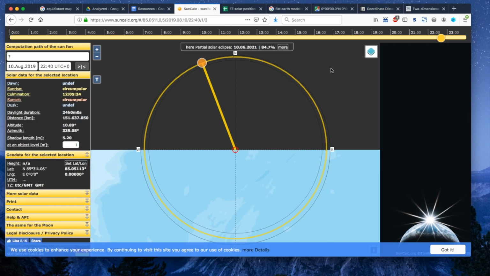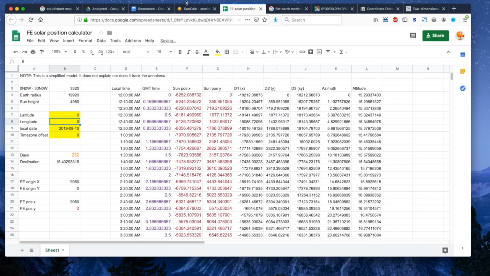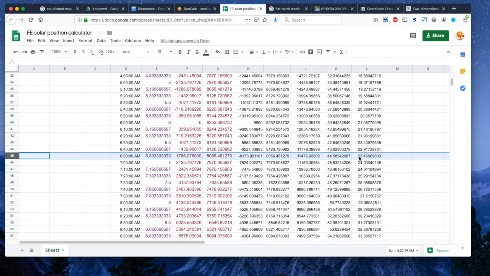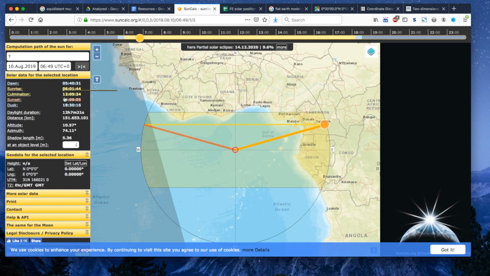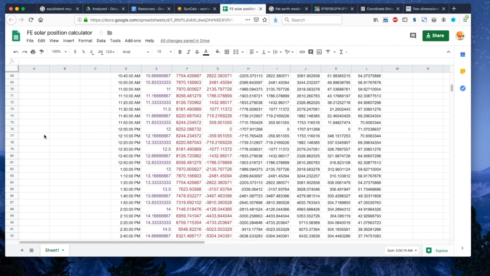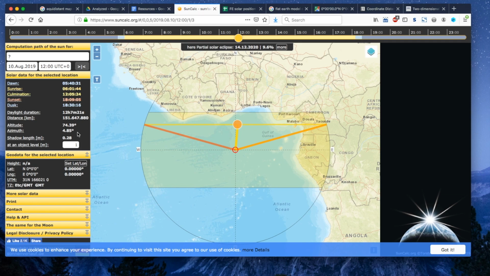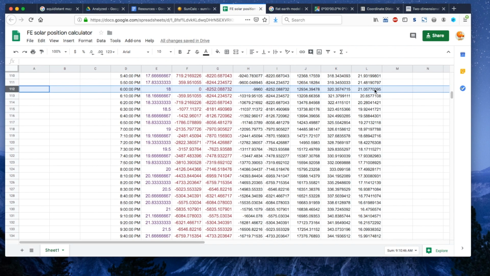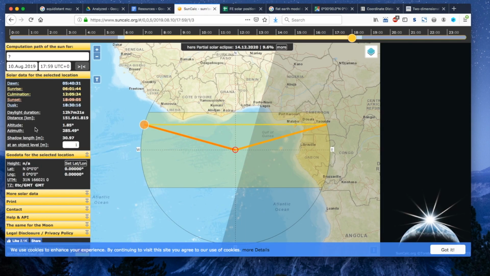Let's try going in the other direction. Here. 650, 23.4, 44.5. 1074, 12 p.m., 71 and 0. Here we have 74 and an azimuth of 4. 6 p.m., 21 and 320. 1.8 and 285.